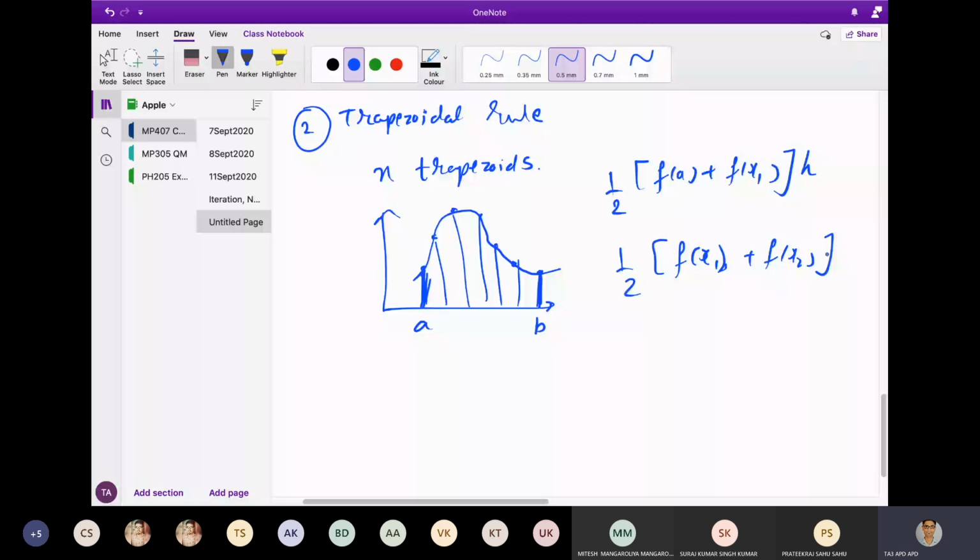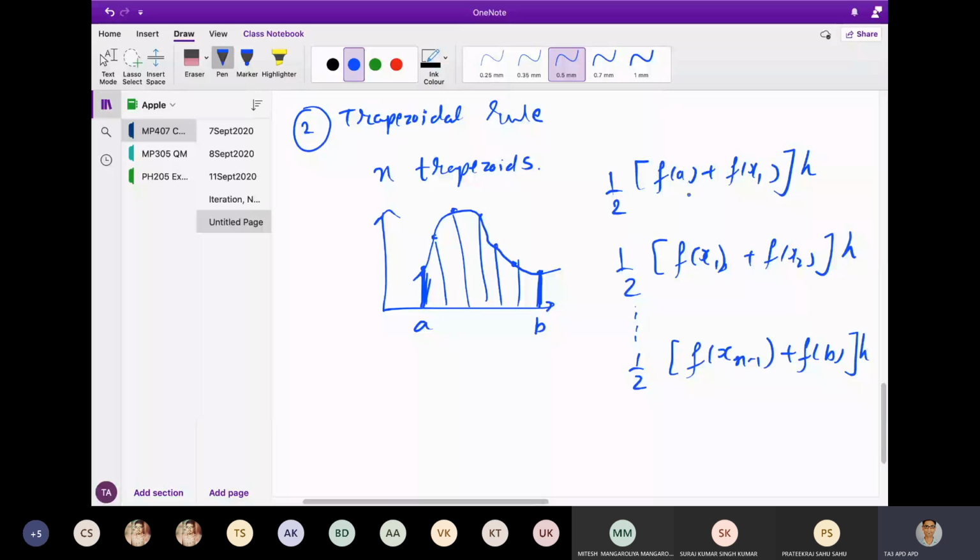Then you have f of x2 plus f of x3, and like that at the end you have f of x n minus 1 plus f of b, that is the last point. All right, so you take an average between two values. That is actually the meaning of a trapezoid.